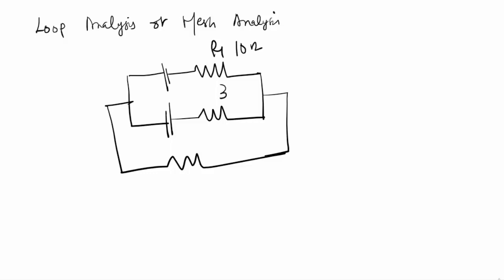Suppose this was 30 ohm, and this was 10 ohm, and this was 100 volts, and this was 50 volts.